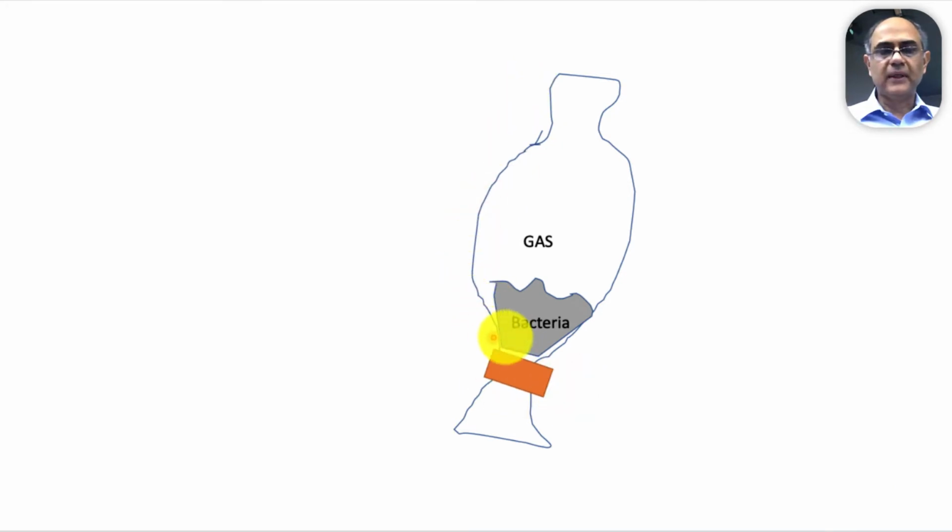In this, there will be food contents in which stasis will start and bacteria will flourish. And when the bacteria flourish, they will produce gas. And some of the gas will come from the mouth also. When we are inhaling, we are ingesting some air also.